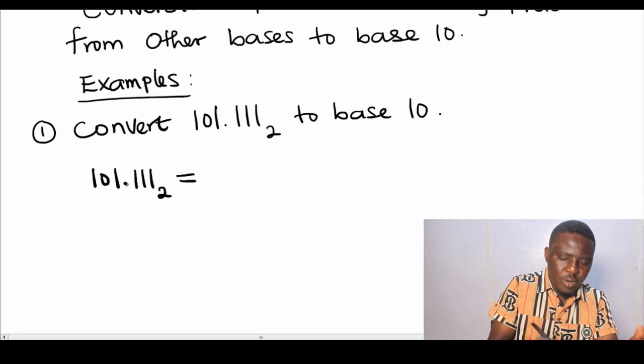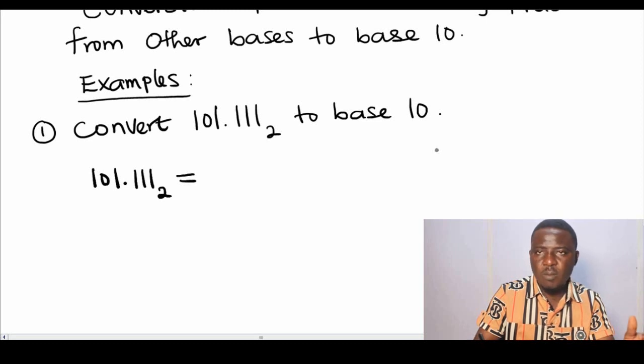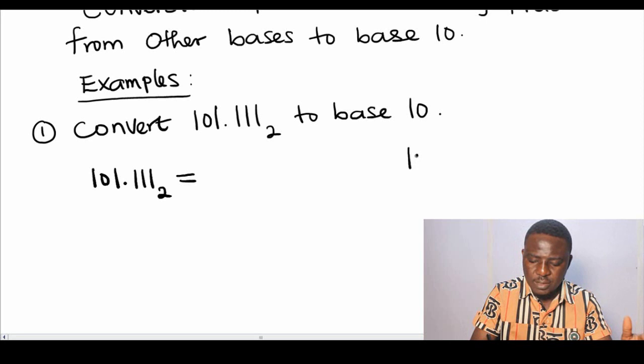Remember that in our previous class, for us to convert from other bases to base 10, we used the expanded form by saying 1 times 2, which is the base, raised to a certain power, and the power is a function of its place value.